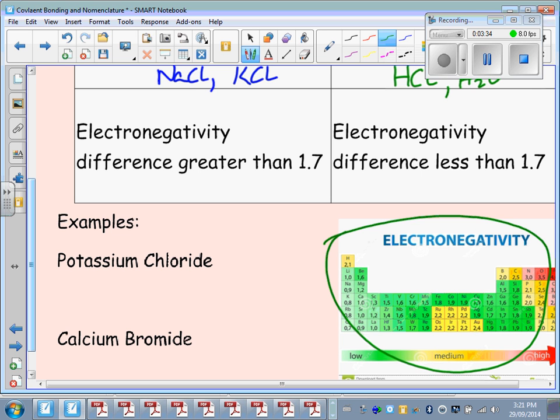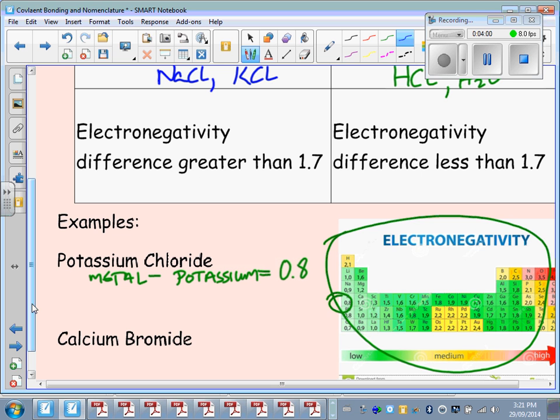or covalent bonding. So for potassium chloride, if we look at the electronegativity of potassium, so we have a metal, which is potassium, that has an electronegativity value, and you can see it right here. It's 0.8.